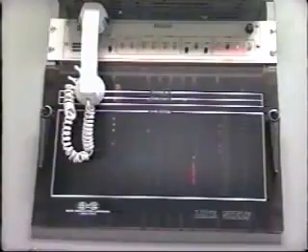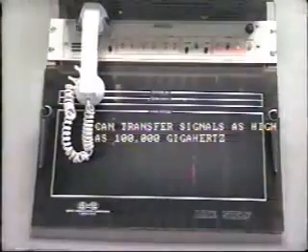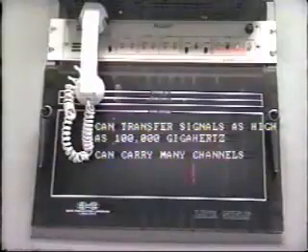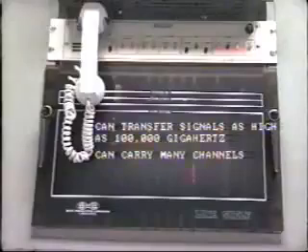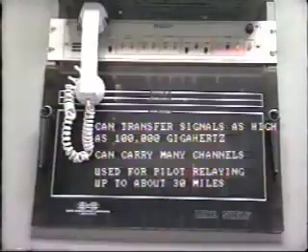A high-quality optical fiber link can transfer ultra-high frequency signals as high as 100,000 gigahertz. This means that one fiber optic link can carry a huge number of communication channels. The optic communication channels are typically installed in place of twisted pair solid conductors for pilot relaying up to about 30 miles.